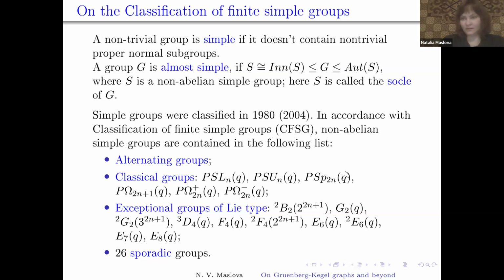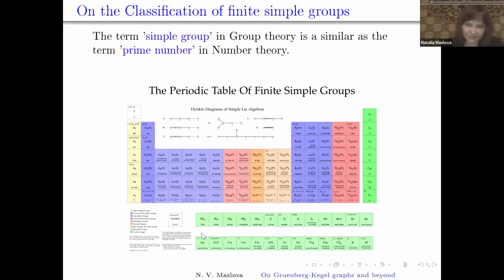These are well-defined subgroups of GL_n(q), matrix groups of degree n over a finite field of order q. Then the so-called exceptional groups of Lie type, there are 10 series of such groups, and 26 sporadic groups. Here you can see all the sporadic groups.